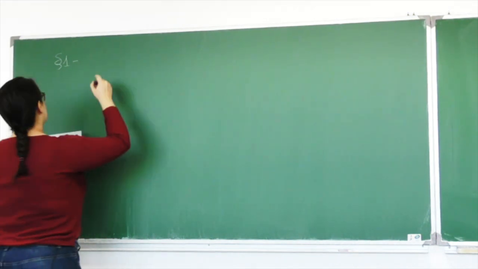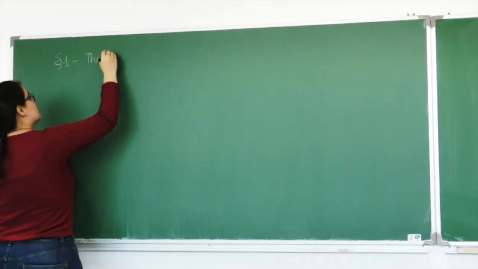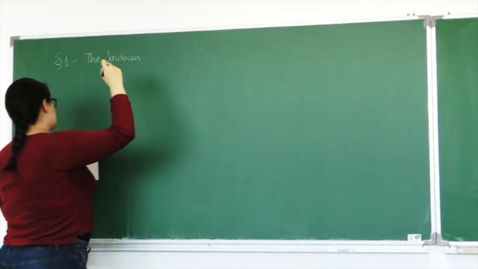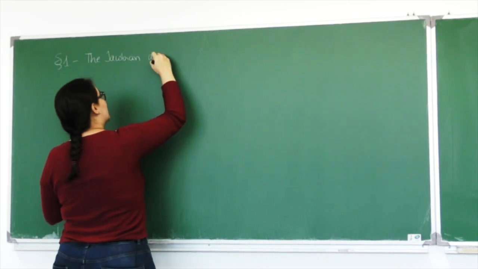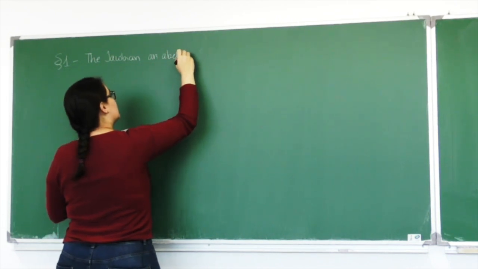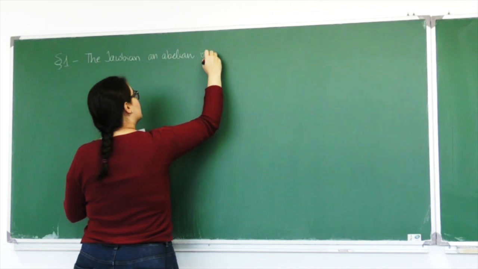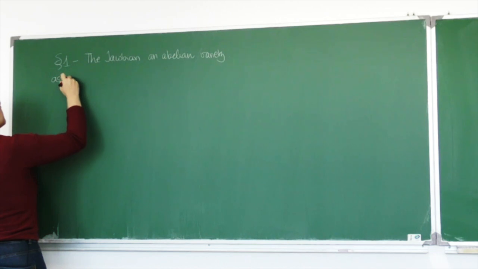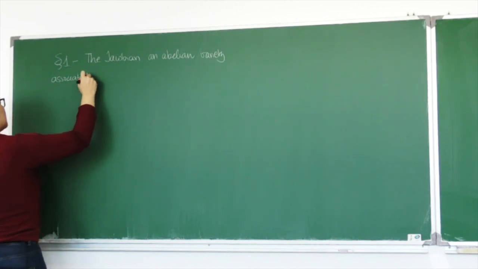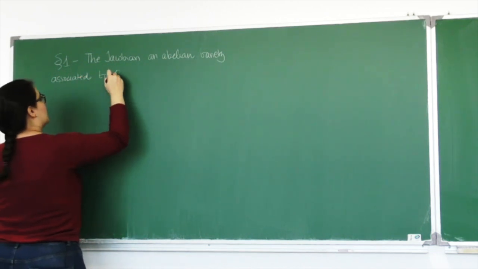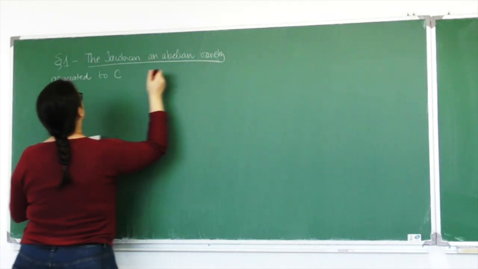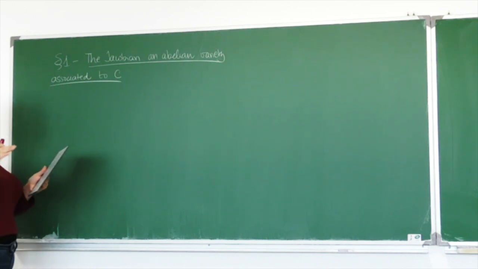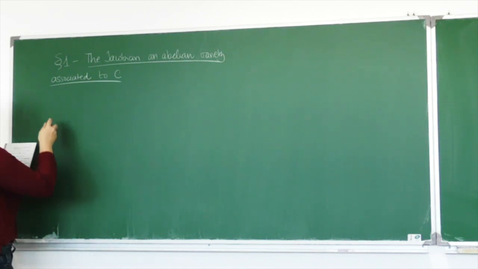So for section 1 we will talk about the Jacobian, and we will do so as an abelian variety associated to a curve C. So let me do first a small recap.